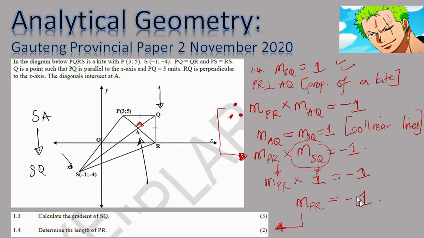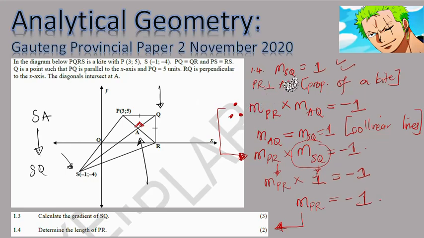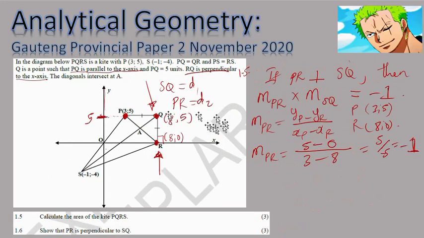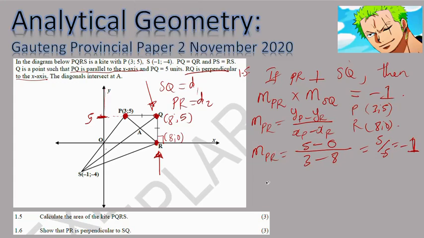The gradient of PR, I found it to be -1, and the gradient of SQ, let me come here. The gradient of SQ, I did find it to be 1. Oh, easy. I shouldn't have calculated that. So here I can easily say gradient of PR is equal to -1, and gradient of SQ is equal to 1.